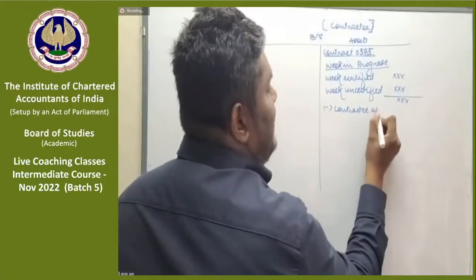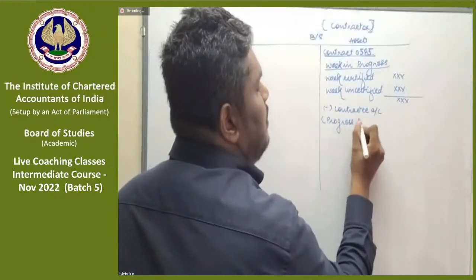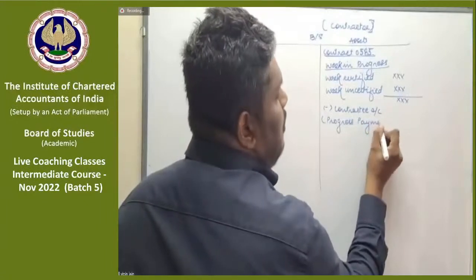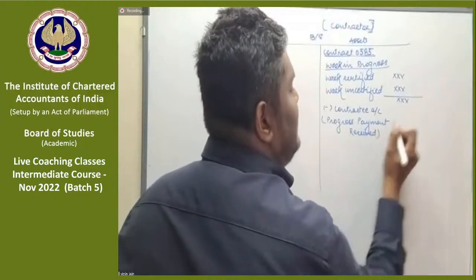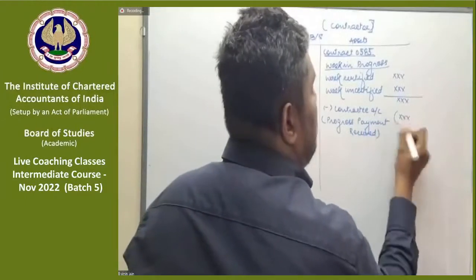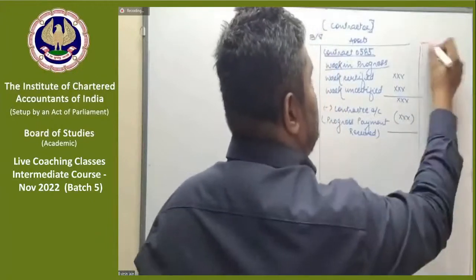What is contractee account? The progress payment received. So the final value will be shown in the outside column of the balance sheet.